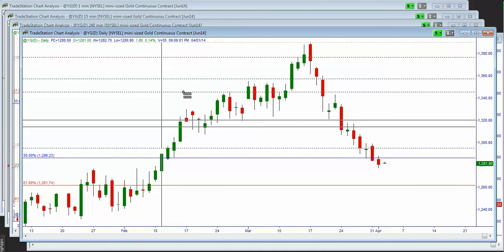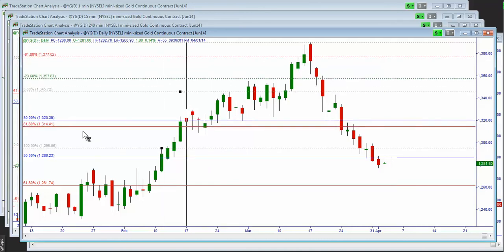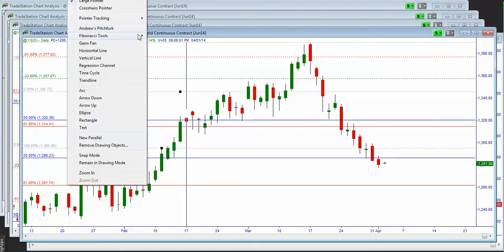Actually reached first and second target here. This was the area of support and entry long 1320, which were priced into 1357 and eventually 1377, and price then failed the next measure move in the sequence.